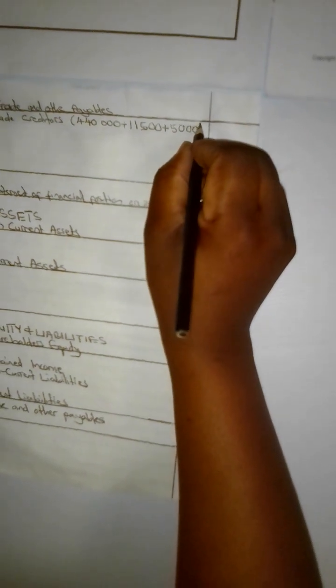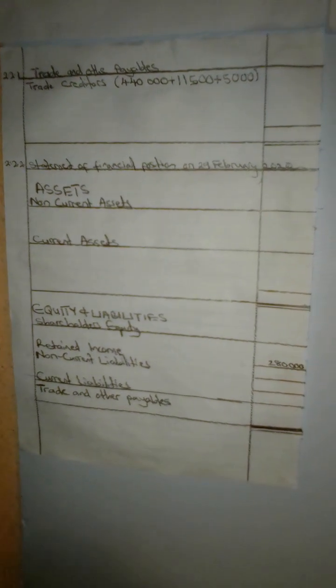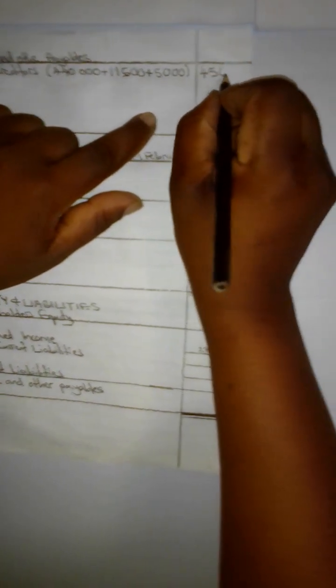So these are the items that affect our trade creditors. We add 440 plus 11,500 plus 5,000. It will give us 456,500. Okay, those are our trade creditors.